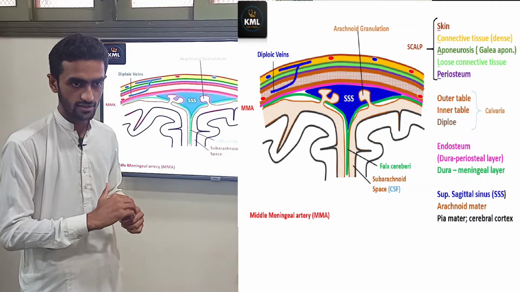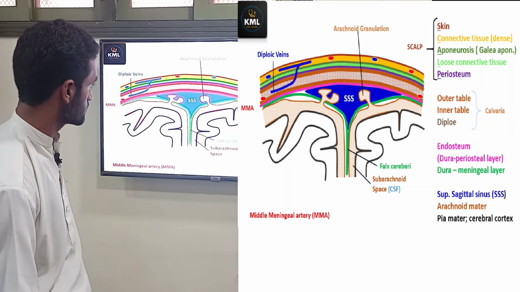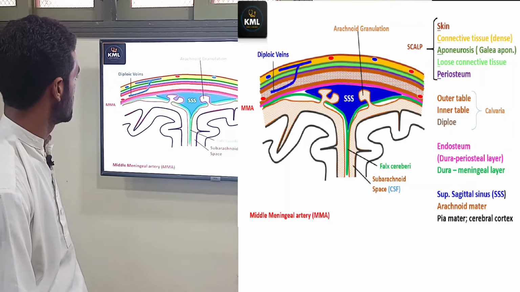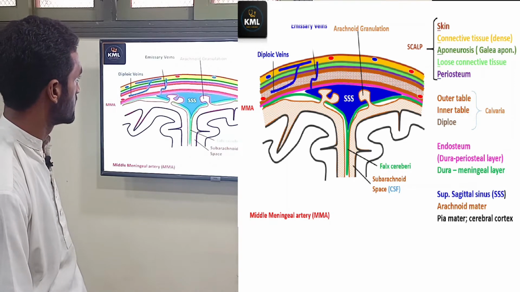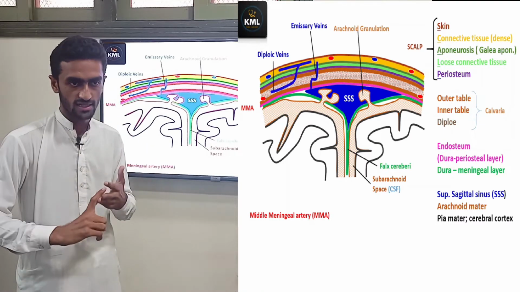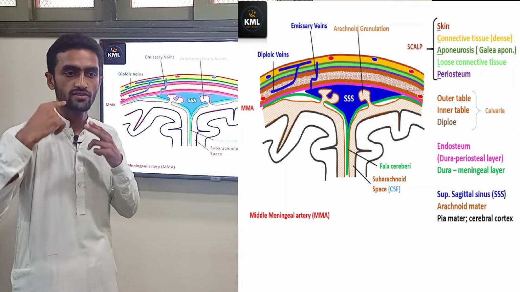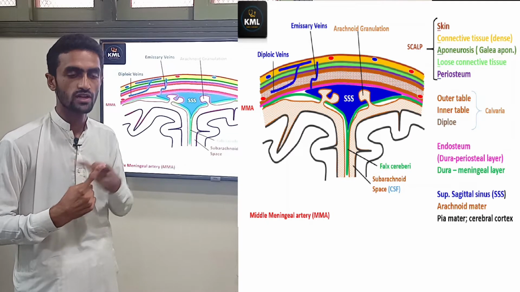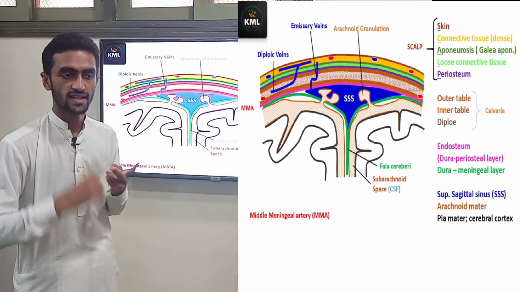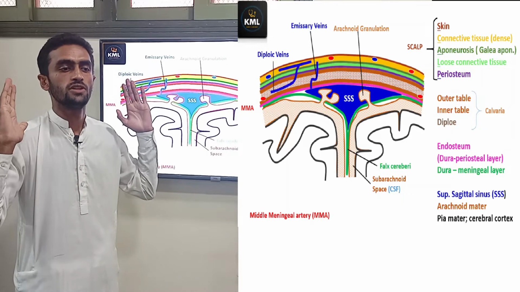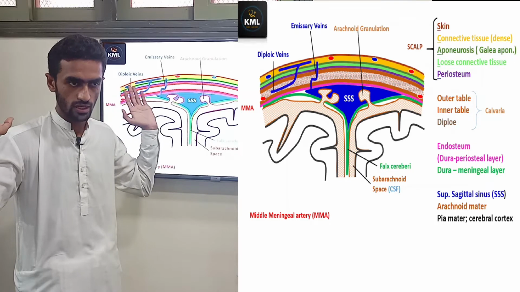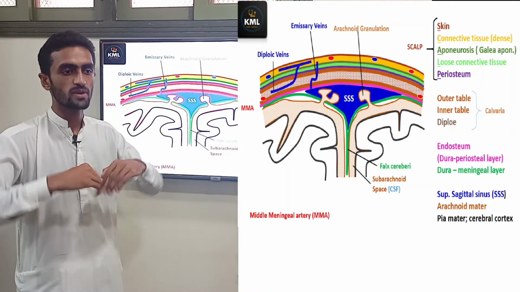Are you clear? Here you will find the emissary vein. So these are actually your 3 meningeal layers. The outer one is the dura, which has 2 parts, the periosteal and the meningeal layer. The periosteal is simple, attached with the skull, and the meningeal goes deeper and forms the folds.